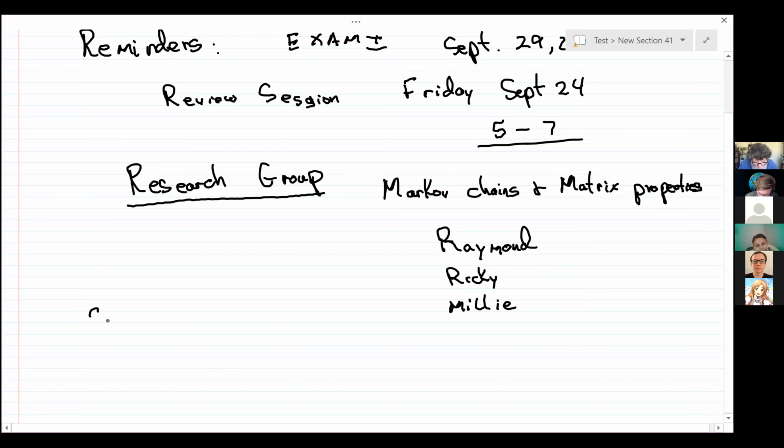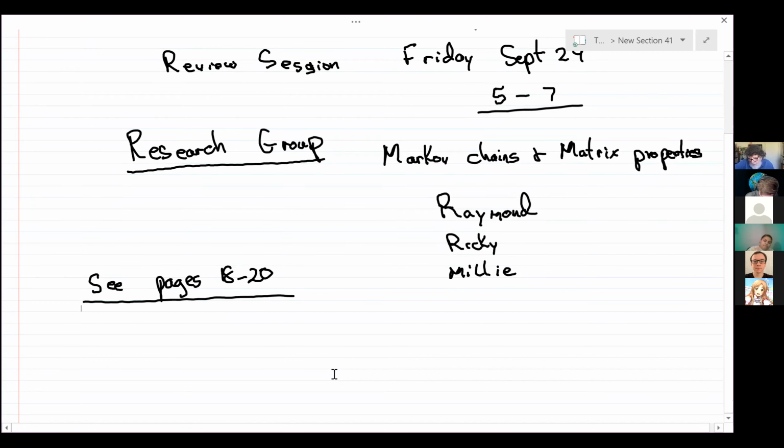So see pages 18 through 20. Not going to do all of it today, but I'll do some of that today. So let's get started. On 17, it talks about what rho is, and it's fine. That's something we have dealt with now a lot.